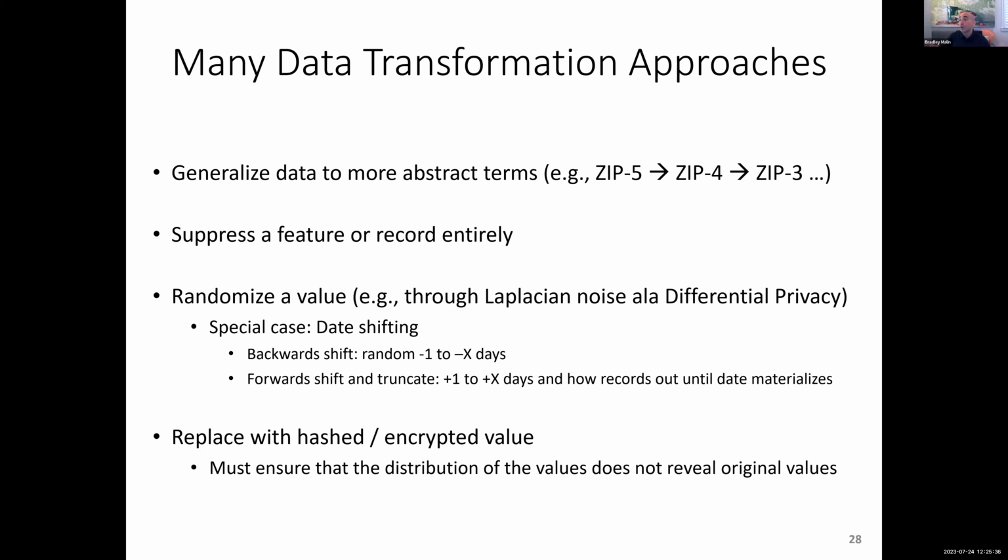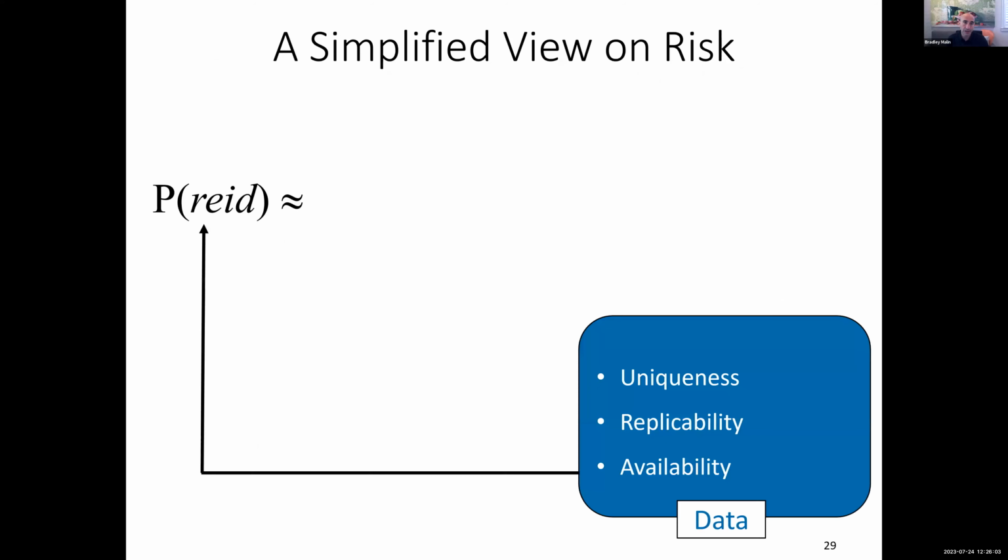If you were to do this, for example, with a COVID related population and you shifted people back before COVID even existed, and then you have a diagnosis that says COVID, that's going to be a problem because it's going to bound what these dates could be. So you'd be careful about how you apply these types of approaches. All right. You could also do the encryption approaches that I talked about at the very beginning of this. Okay. So let's just say you have different ways to control the system, different ways of tuning the data.